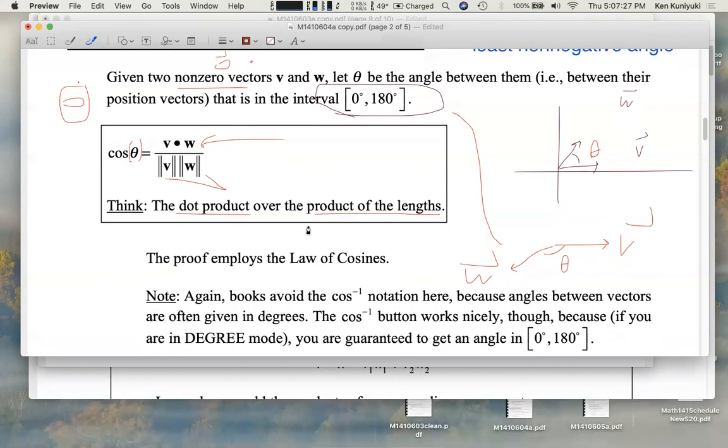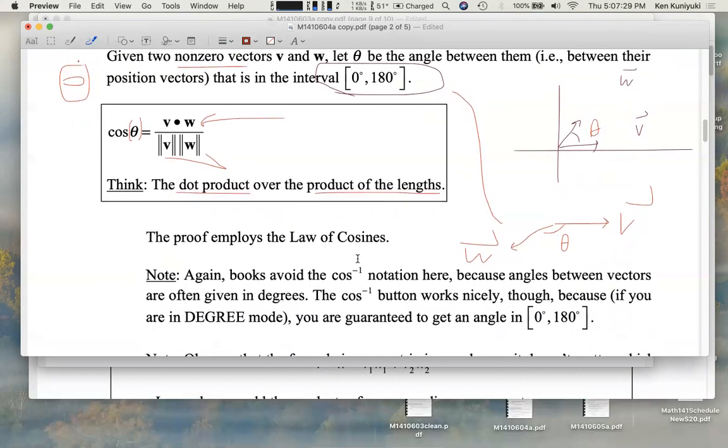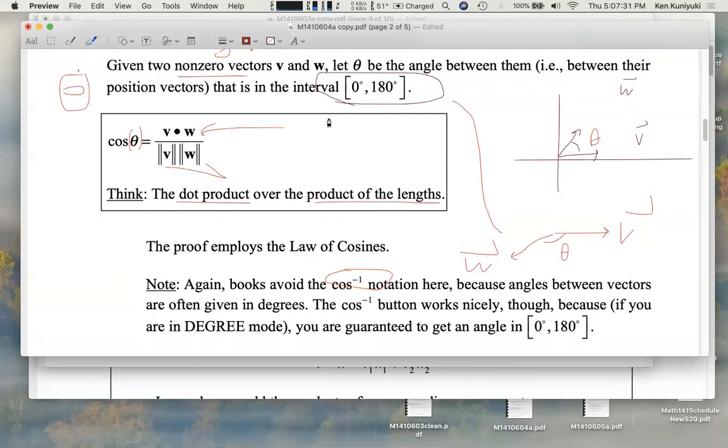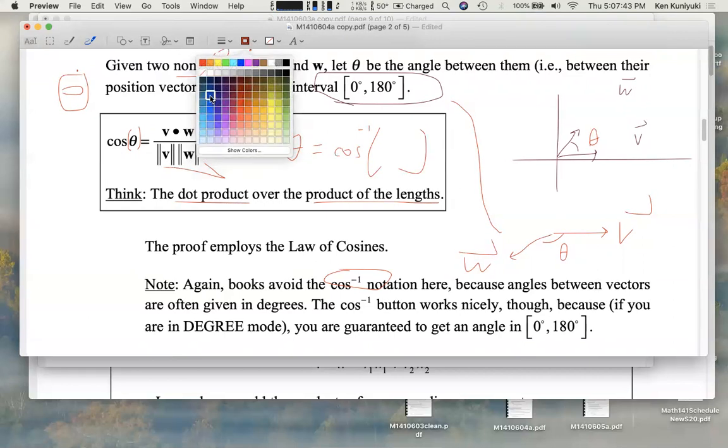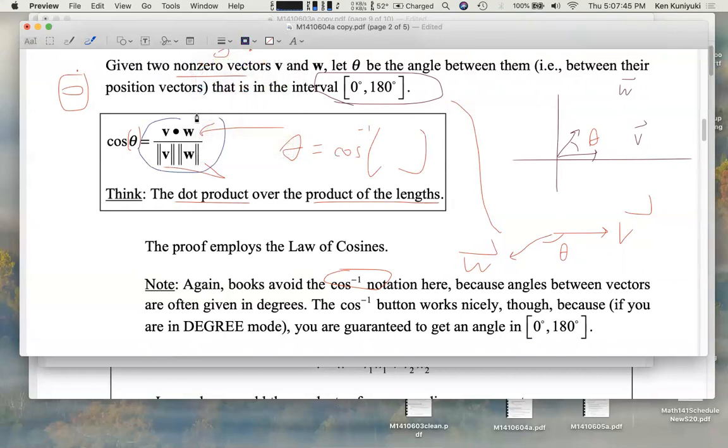Which means, by the way, when you apply inverse cosine, because theta, you might wonder, can we say it's the inverse cosine of this whole jazz over here? And this time, I'll put a blue arrow here. This time, the answer is yes.